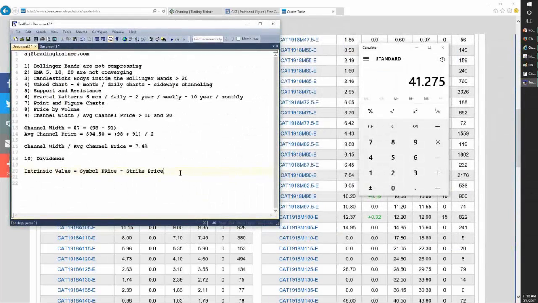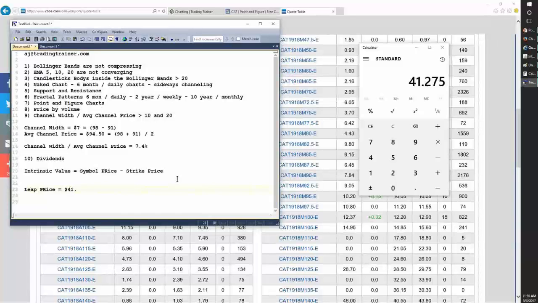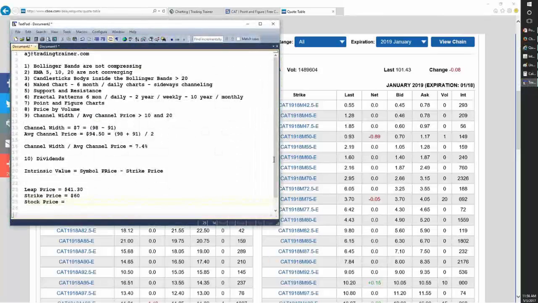So the LEAP price equals $41, and let's just round up to 30 cents. The strike price equals $60, and the stock price, I keep forgetting, so I'm going to have to look at it again, 101.43.